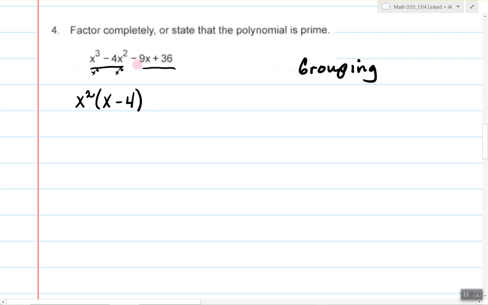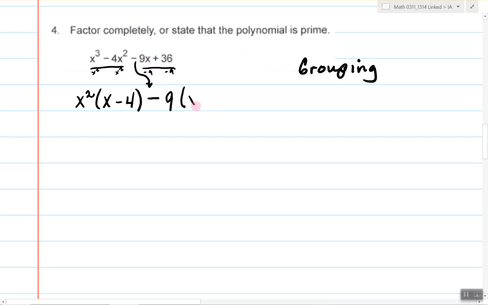Second group, please remember that the sign of the GCF in the second group always has the sign in front of that term. I see a 9 in those, so my GCF is going to be a minus 9. So I'm going to divide by negative 9, divide by negative 9.